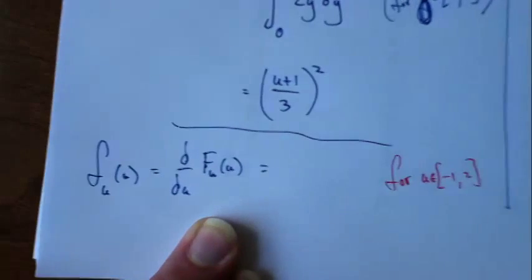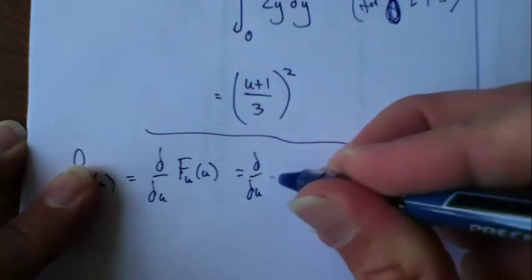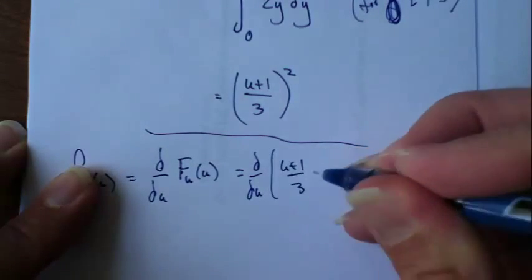It's going to be d/du of u plus 1 over 3 quantity squared.